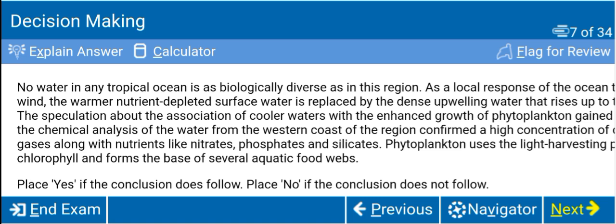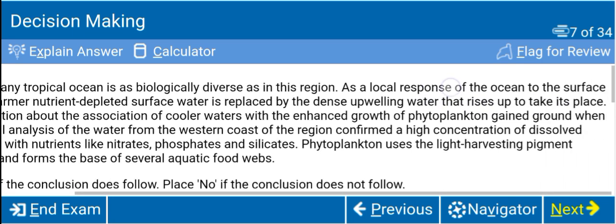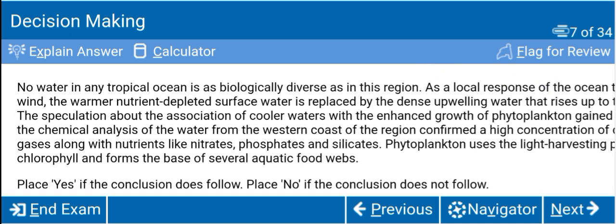The speculation about the association of cooler waters with the enhanced growth of phytoplankton gained ground when the chemical analysis of the water from the western coast of the region confirmed a high concentration of dissolved gases along with nutrients like nitrates, phosphates, and silicates.